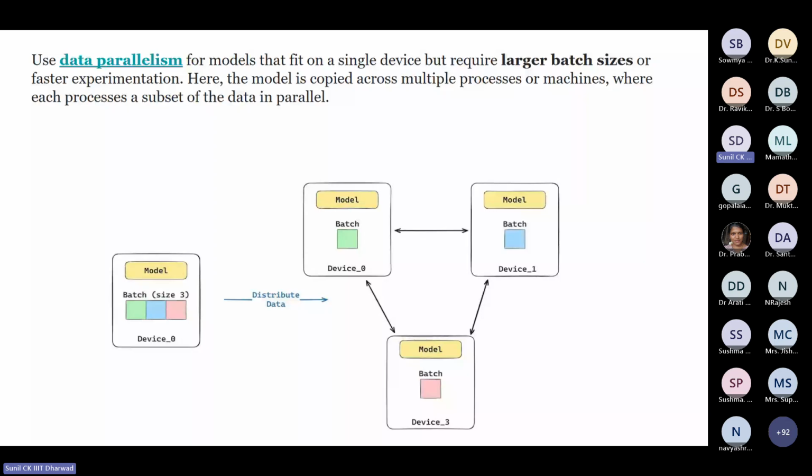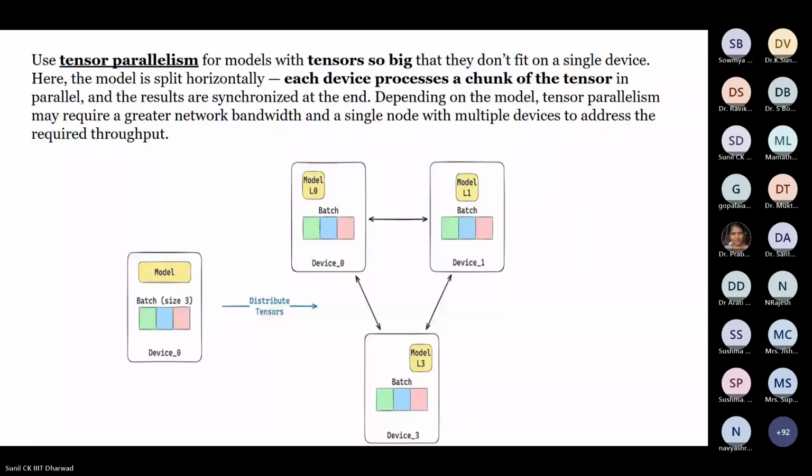So tensor parallelism usually comes in where the models are so big that they don't fit on a single device. Here the model is split horizontally. Each device handles part of the tensor in parallel, and the results are synchronized at the end.